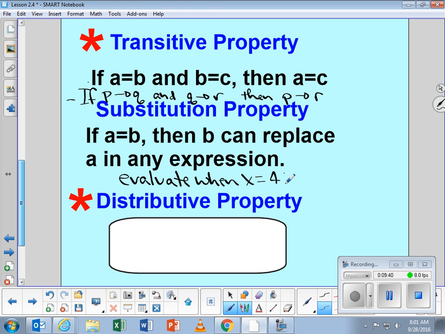What was the first step you did when you had to evaluate that? Replace x with 4. You substituted, didn't you? Substitution property.